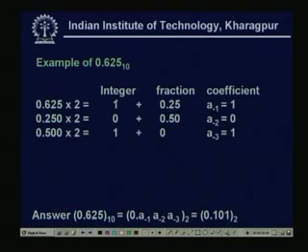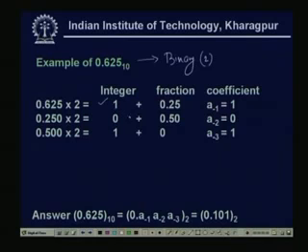So, what was the rule? The rule is that it should be multiplied by the base. So, here we are taking this to binary, this to binary means 2. So, 0.625 into 2, what will we be getting? If we multiply this, we will be getting 1.25. See, this integer is 1 and the current fraction value is 0.25.